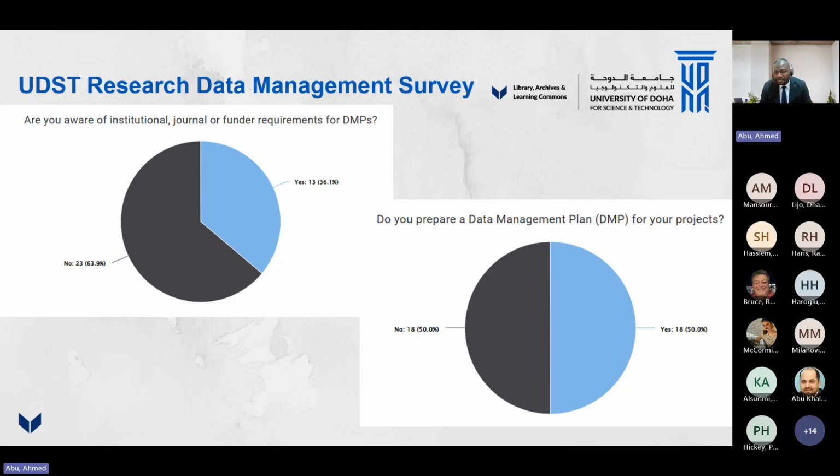And 50% of them do not always prepare a DMP during their research projects. So you see, this result shows that our practice in terms of data management is a bit fair.